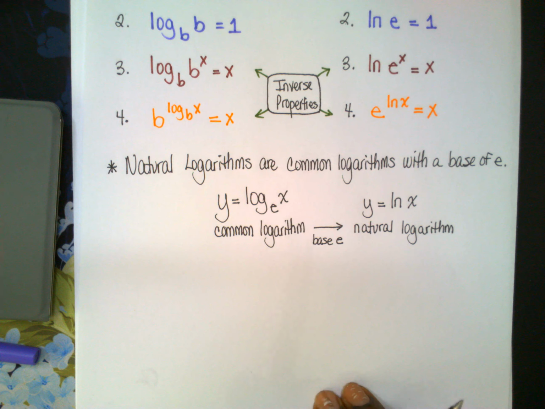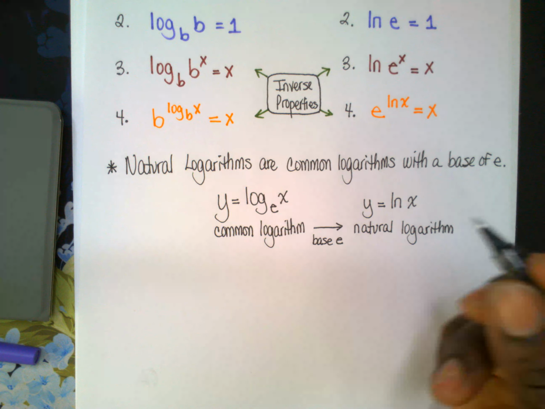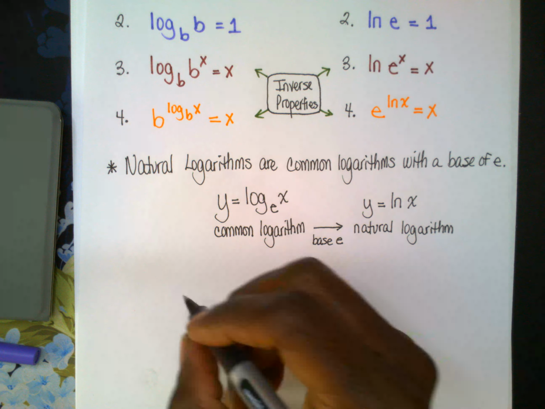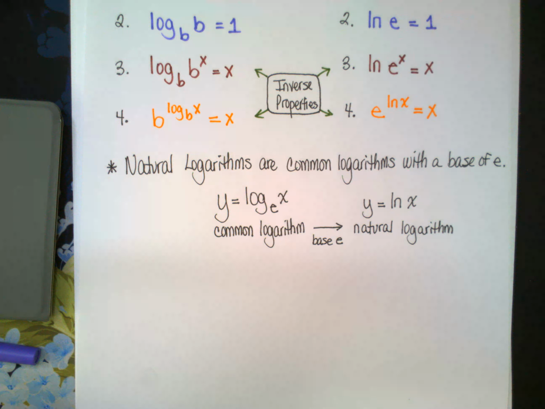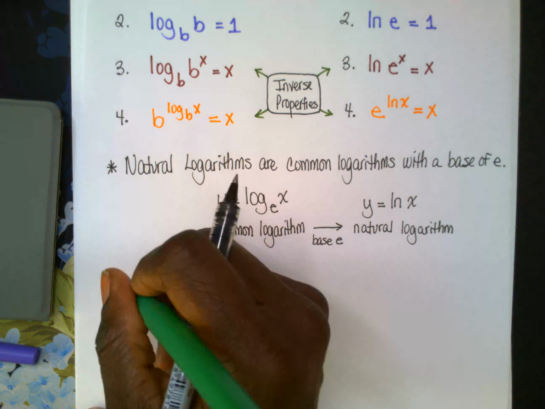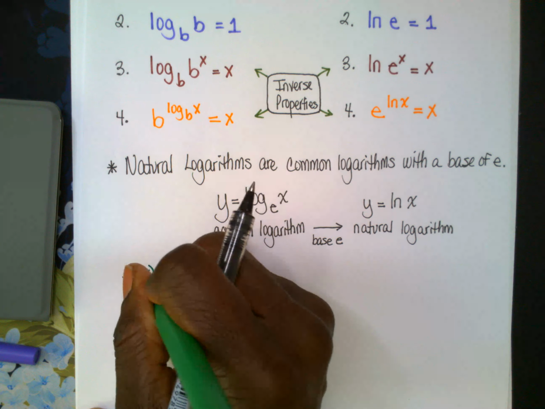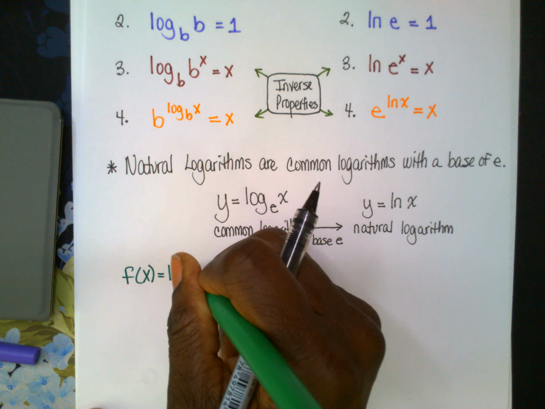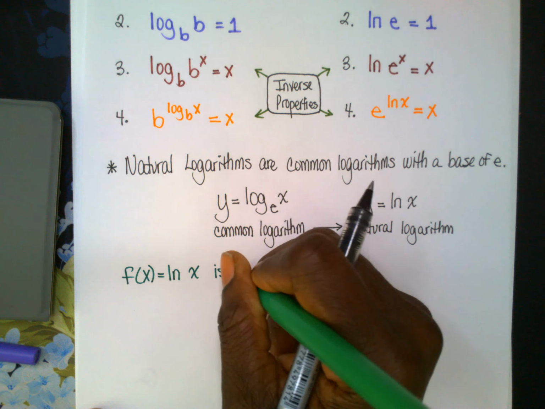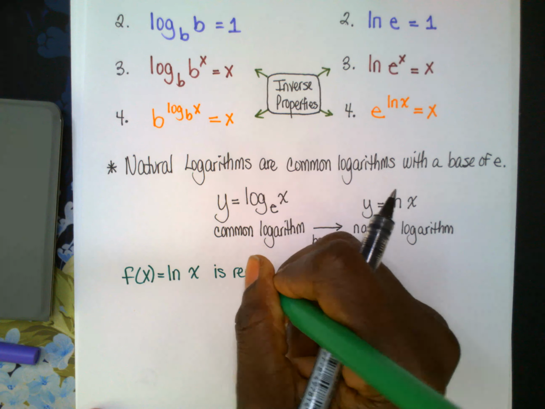How do we read it? I'm going to put that in a different color, let's say green. How do we read it?